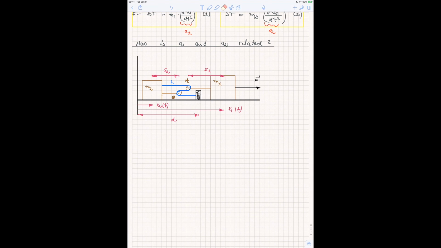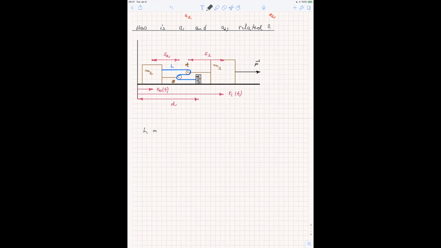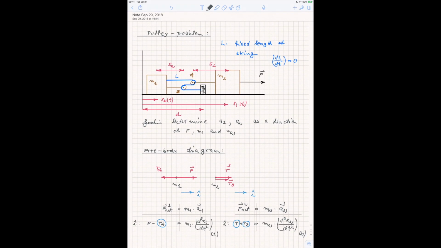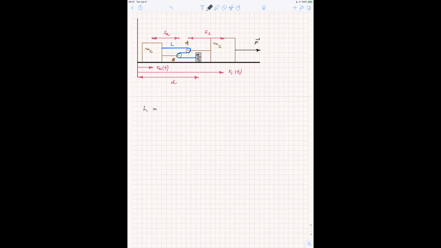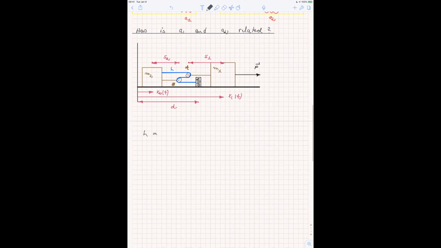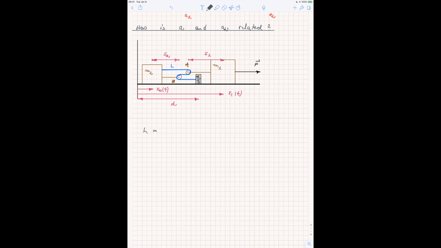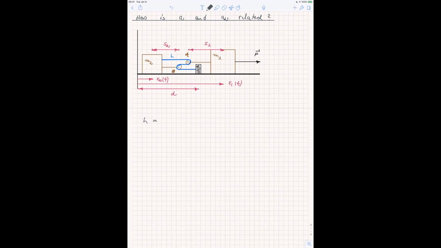However, L is of fixed length here, and the name of the game is now to write down L equals, in terms of quantities in the problem involving x1 and x2, in a way that you then write down dL/dt, namely the invariance of the length of the string equals 0, and then work out a constraint between the second derivative of x1 and the second derivative of x2, from the fact that L by itself is of fixed length. So how can we do that?